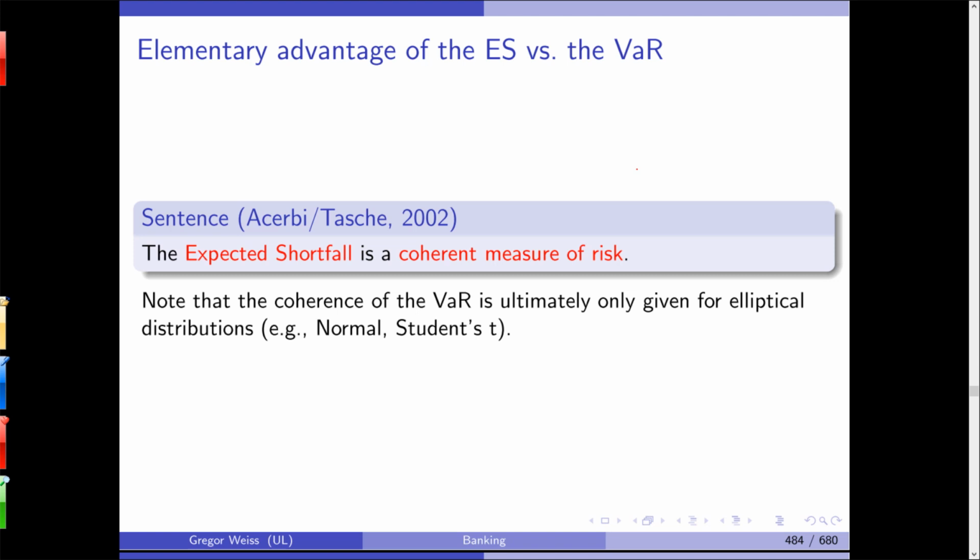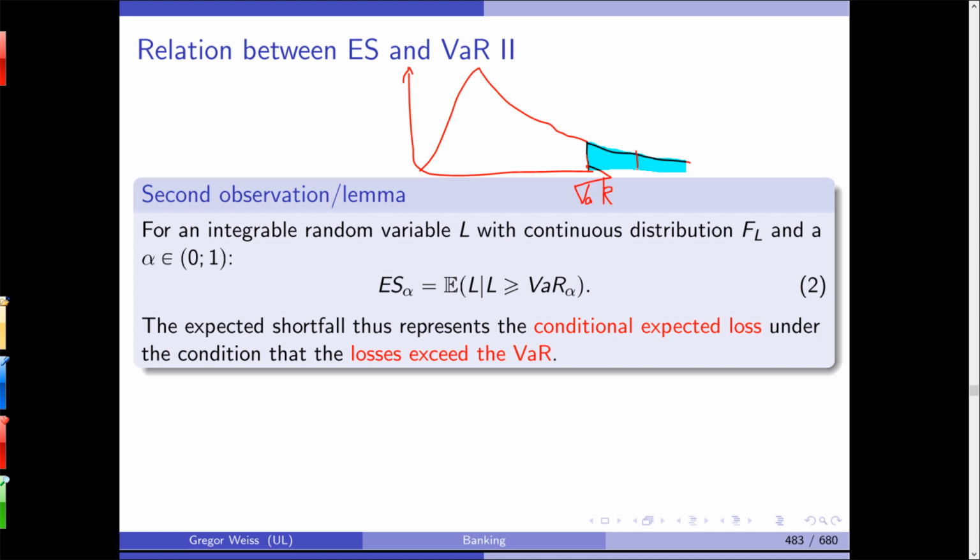So it has some theoretical appeal. It is always subadditive. And for value at risk, it's not a given. But for expected shortfall, it is. What is an additional economic advantage of expected shortfall? I told you that value at risk only tells you the point at which you separate alpha from 1 minus alpha probability mass.